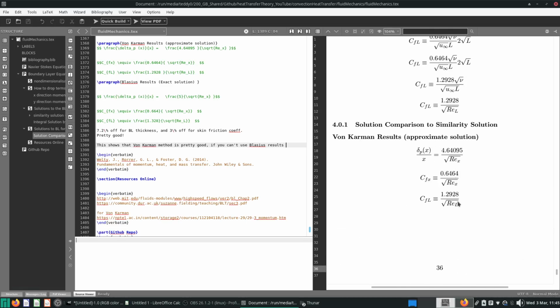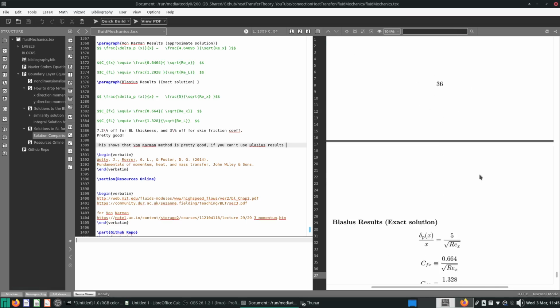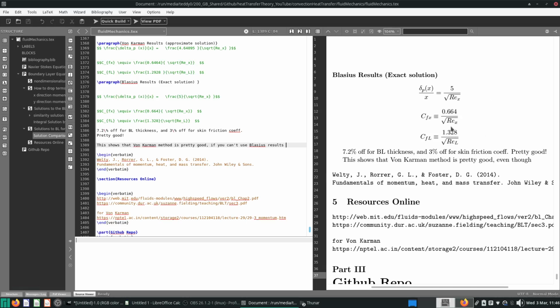and von Karman results, this method you can use for flows other than just flat plate flow. It shows that compared to the real results, we tested it with a flat plate case, and the von Karman results are good.